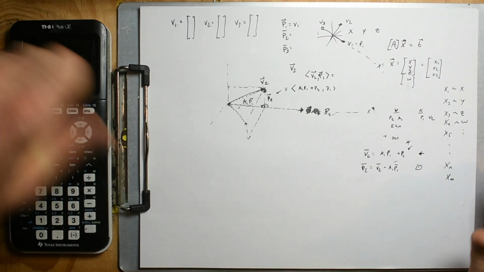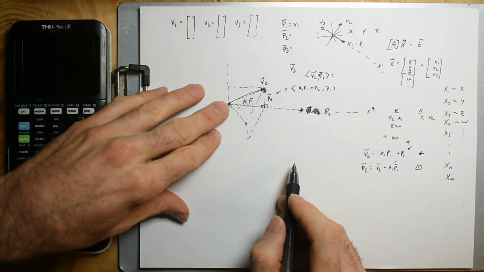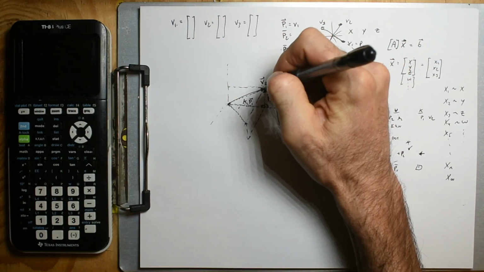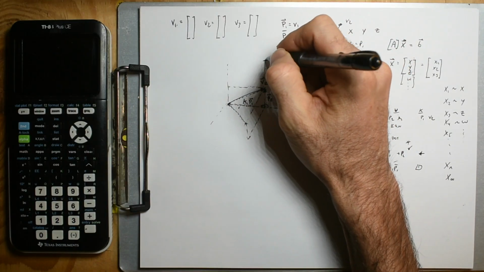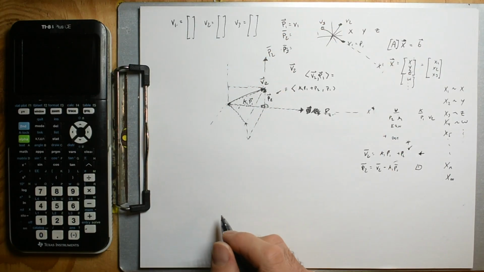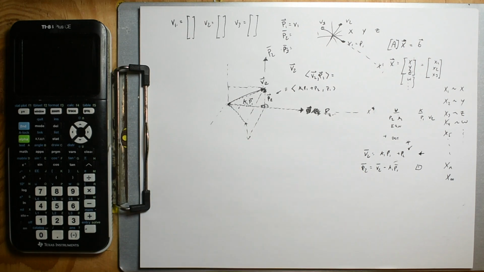All right, so let's do the proof for three vectors. So we have our P1. We have our P2. And just know that these P1 and P2 can be any magnitude. I could say that is P2. Do I want to do that? Sure.